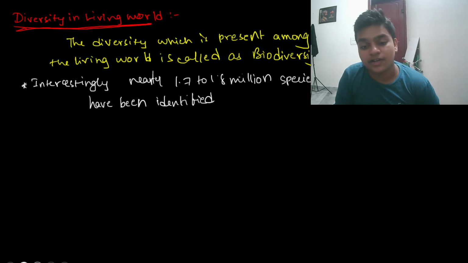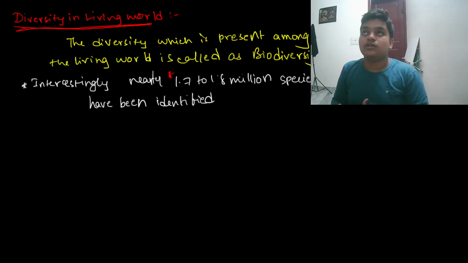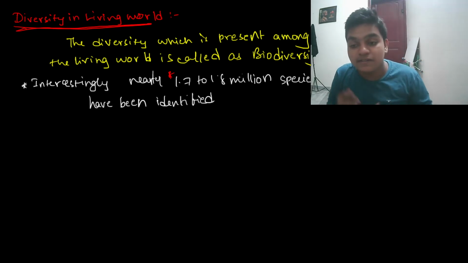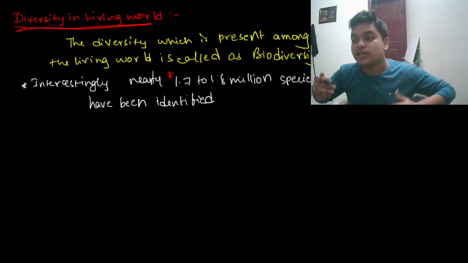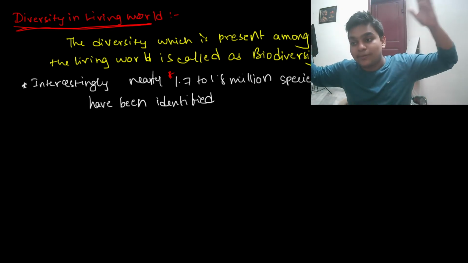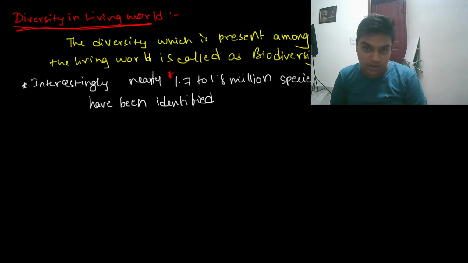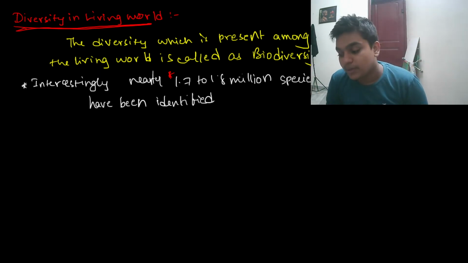Only the identified count of species on Earth is this 1.7 to 1.8 million. Now think, the unidentified species count on Earth would be how much? It is unimaginable. The figures are going higher. So that much diversity is present on Earth, and all this diversity is called biodiversity.